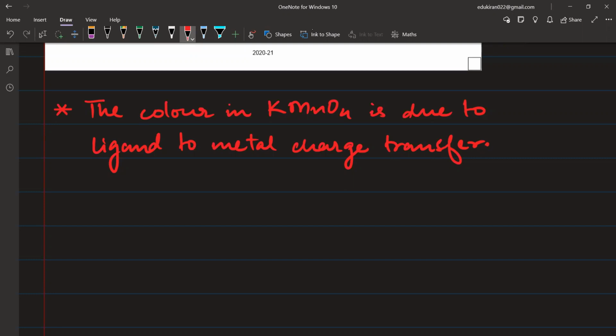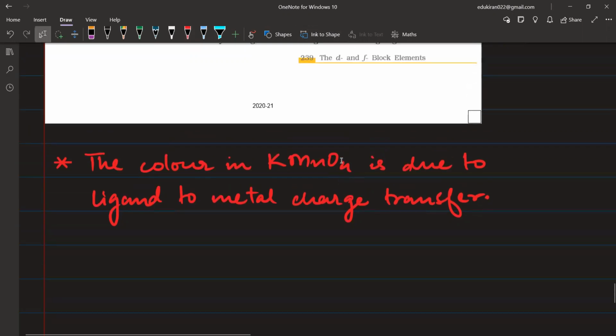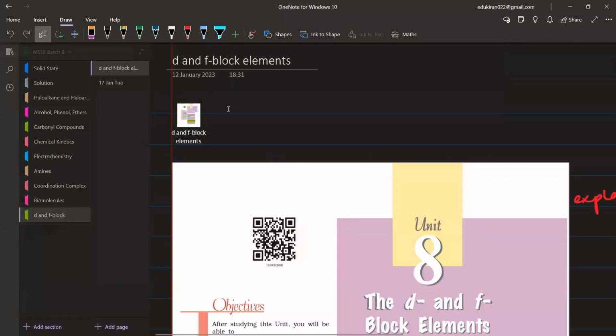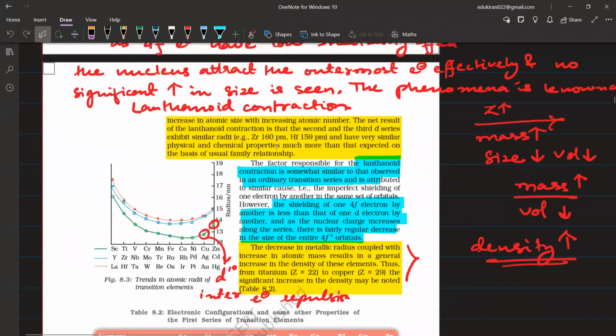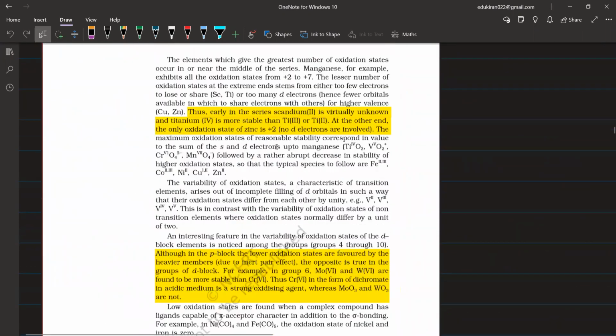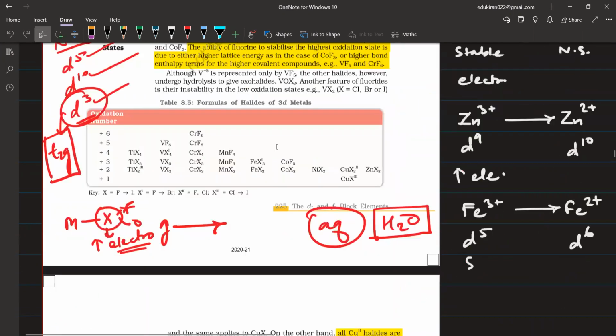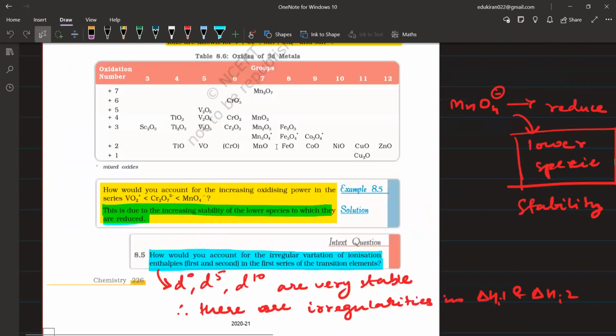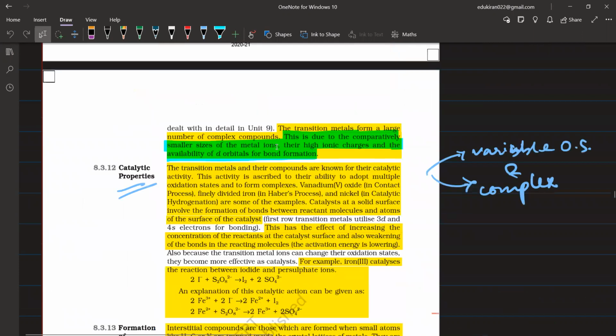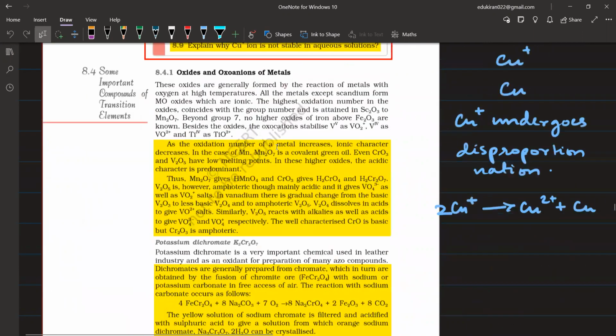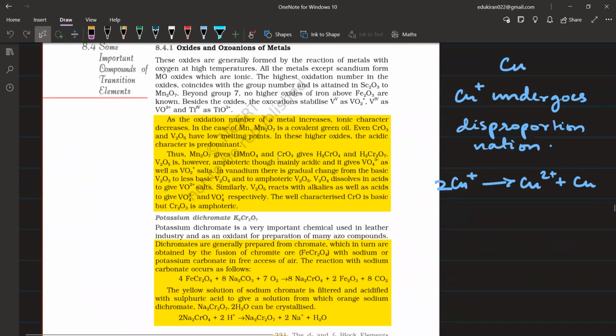Sir, in oxides and oxyanions of metals, at last paragraph, you explained, sir, the one before potassium dichromate part. Mm-hmm. Yes, tell me.